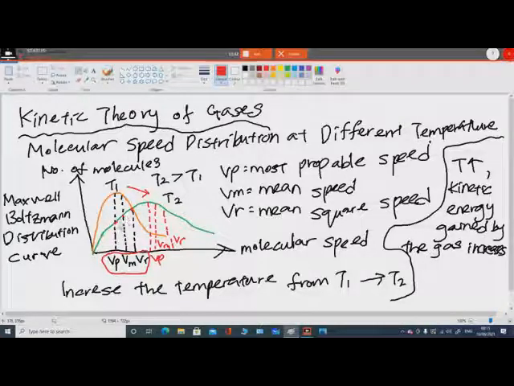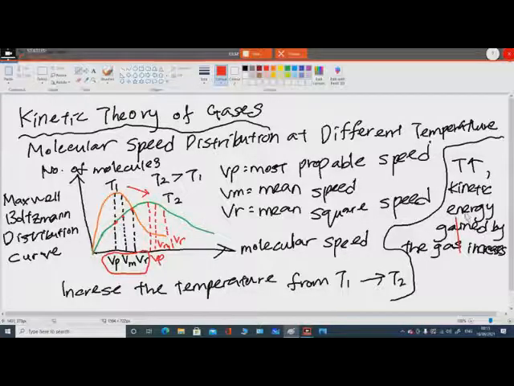This is because the new most probable speeds, followed by the mean speeds and the root mean square speeds, have shifted to higher speeds due to the kinetic energy.